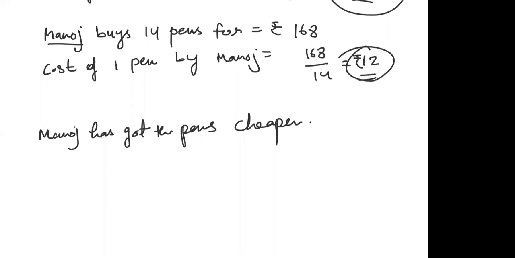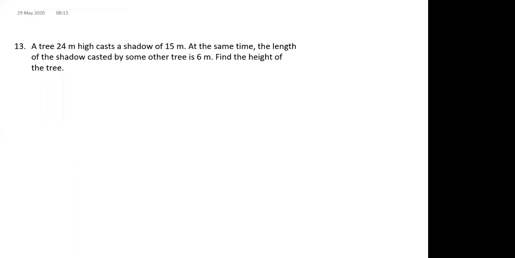Next question. A tree 24 meters high casts a shadow of 15 meters. At the same time, the length of the shadow cast by some other tree is 6 meters. Find the height of the tree.